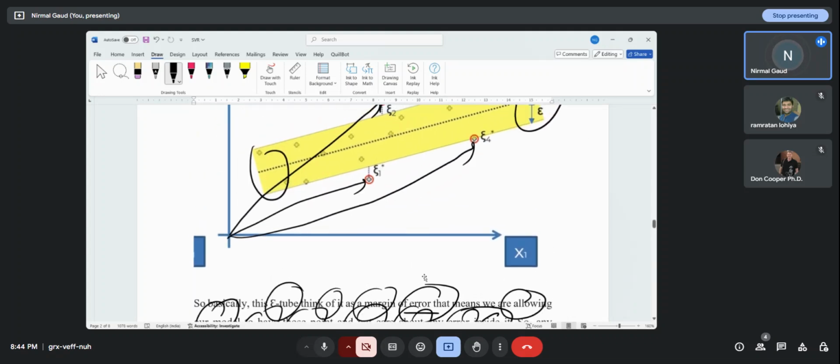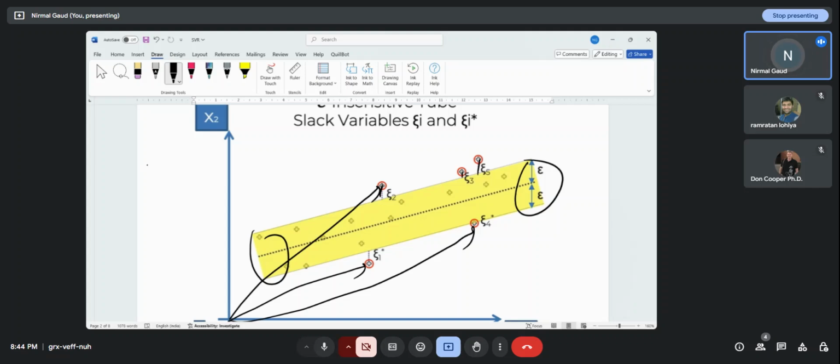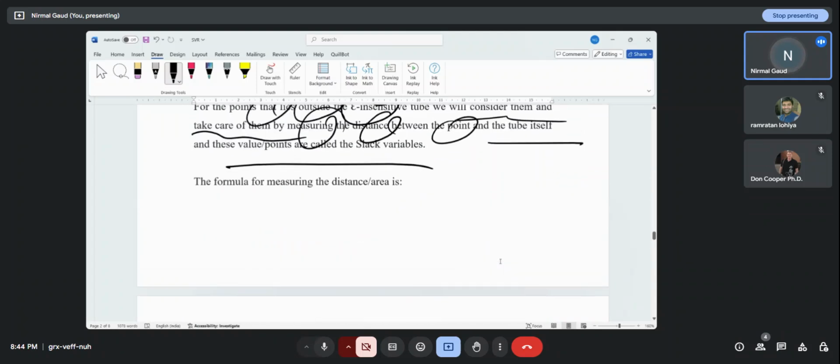We are not considering the distance from the regression line. This is your regression line, this dotted regression line. The distance of the points lying outside will be considered from this tube, because everything inside is fair, the rest which is outside is unfair. So we are taking the distance from that.